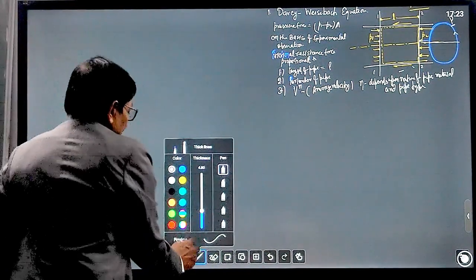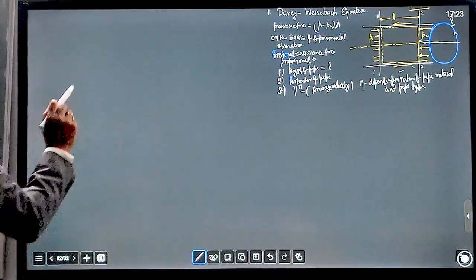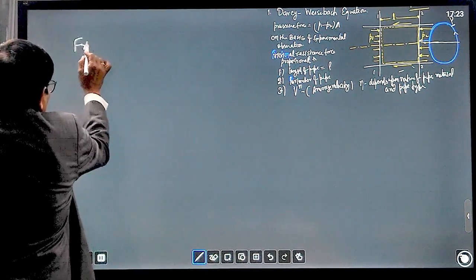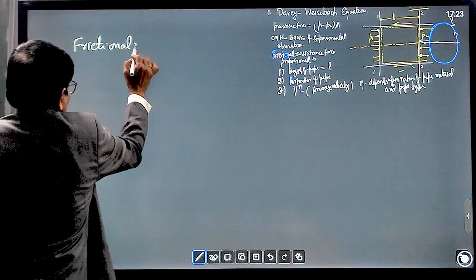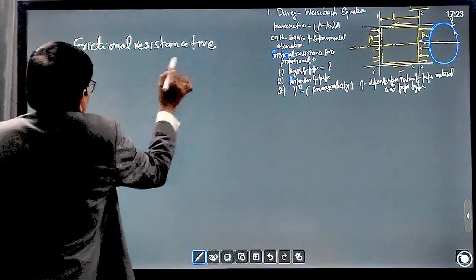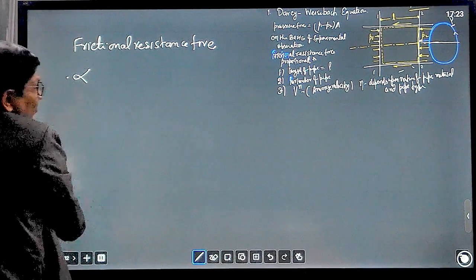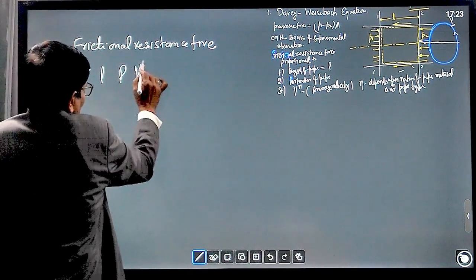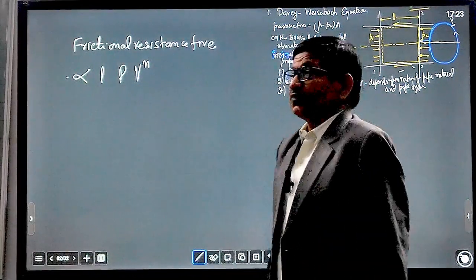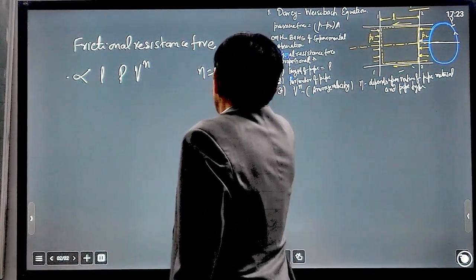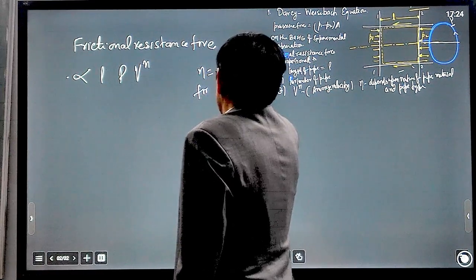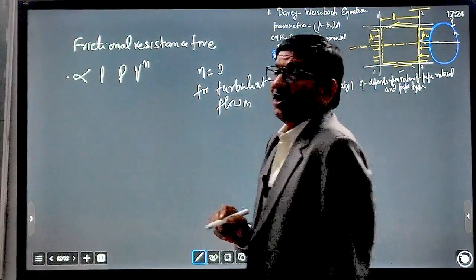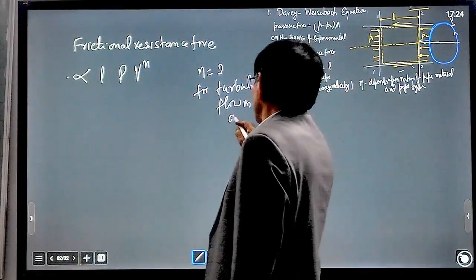This frictional resistance force is proportional to L, perimeter P, and V to the power n. And n equals 2 for turbulent flow in all commercial pipes.